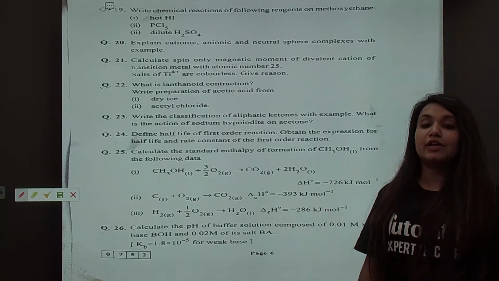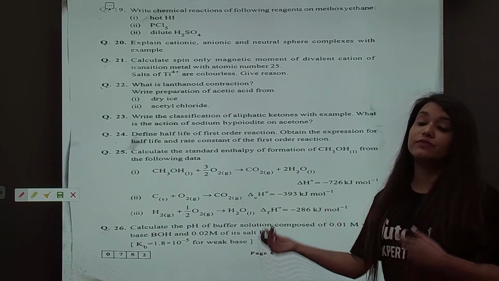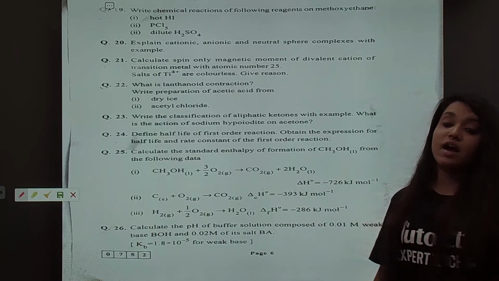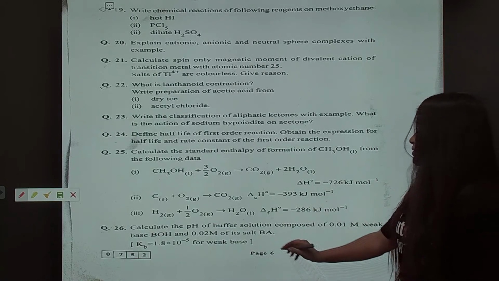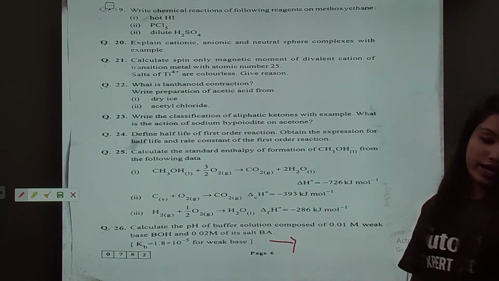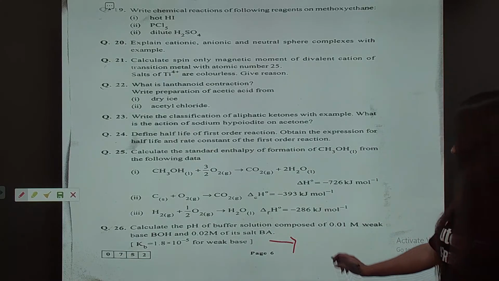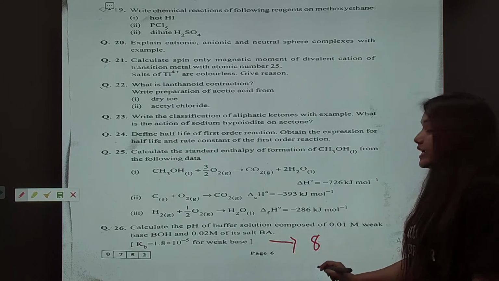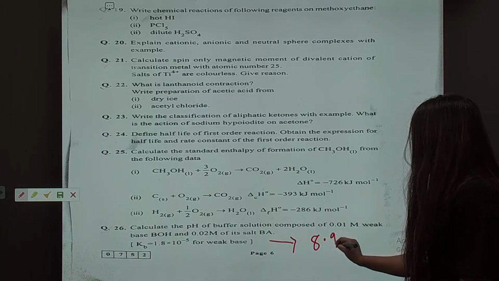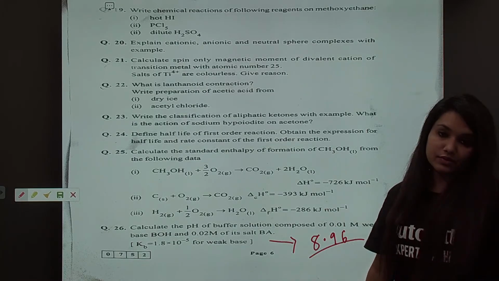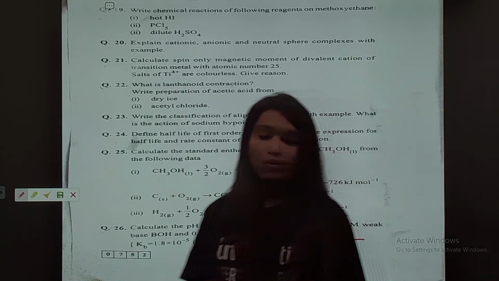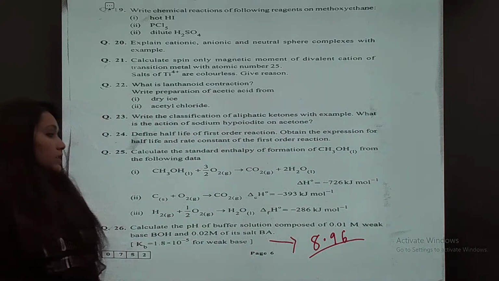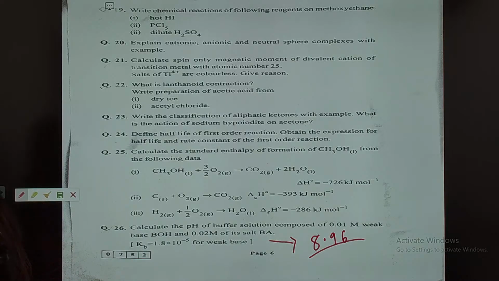You are supposed to calculate the pH, but since it's a base, we'll first calculate the pOH, and after that you will get the pH. Again, the question is exactly from your textbook, having the answer as 8.96. In the textbook, it is one of the in-text questions where the subtraction is done wrong, but otherwise the answer is perfectly right. The answer is going to be 8.96. So that's question number 26, everyone.